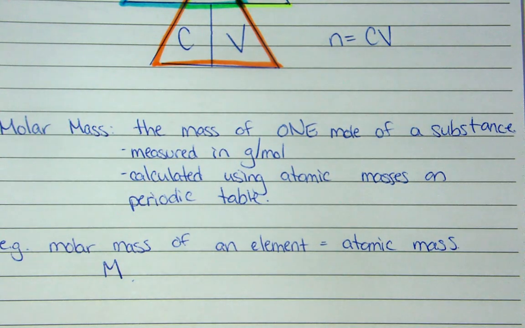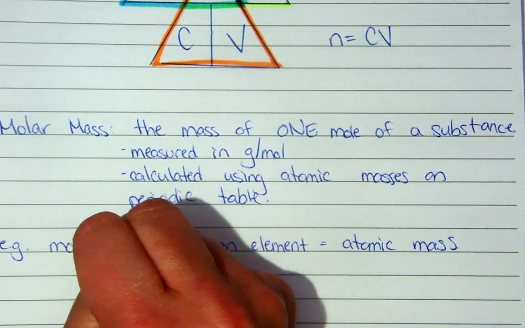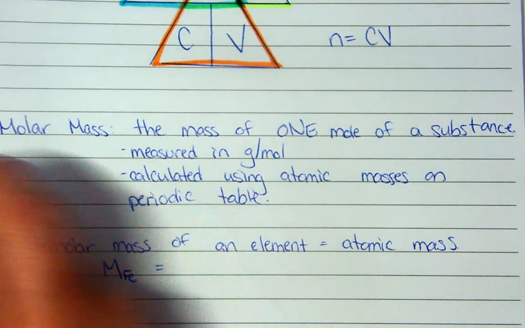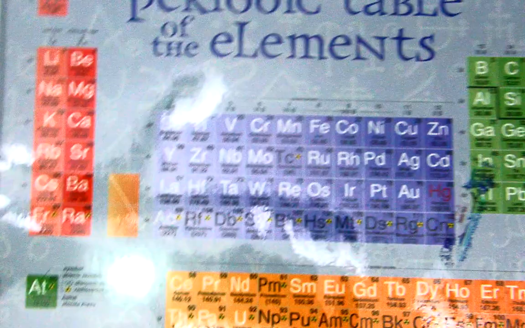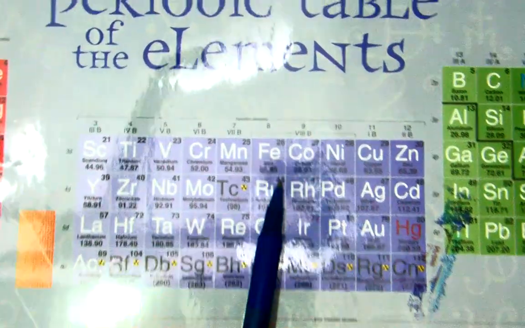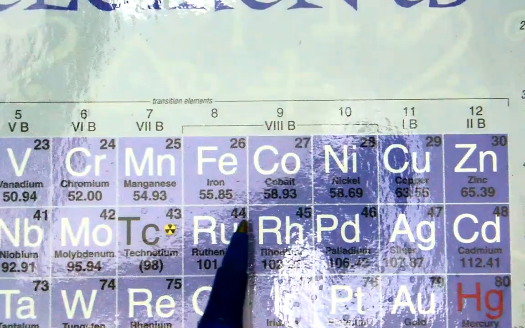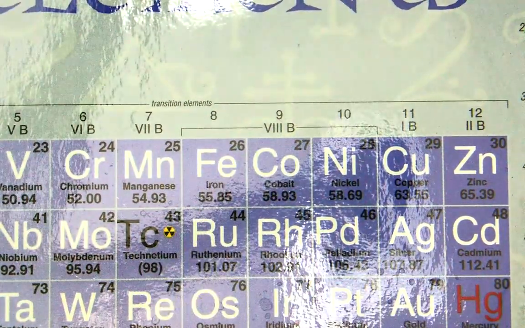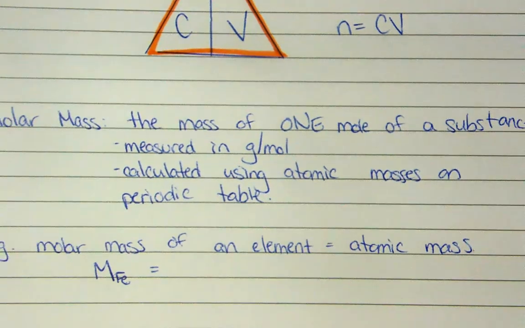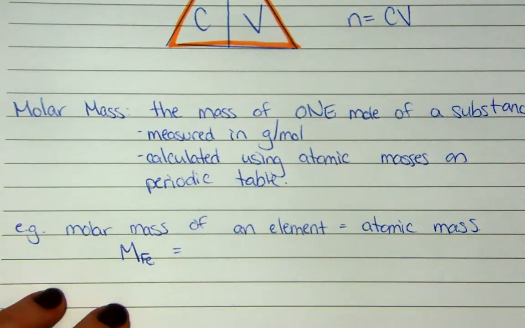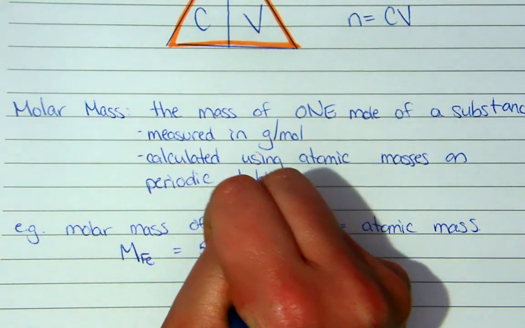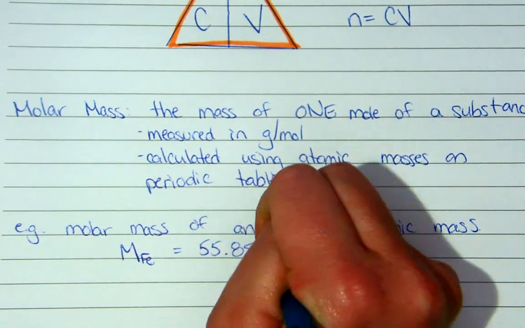Now, for example, iron. Okay, so I would have uppercase M and then as a subscript Fe. And if I turn to my periodic table here, there's a bit of a glare, but I find iron. I zoom in. And I see the atomic mass right there, 55.85. So when I return to my note here, I'm just going to use that with the appropriate units. So the molar mass of iron is 55.85 grams per mole.